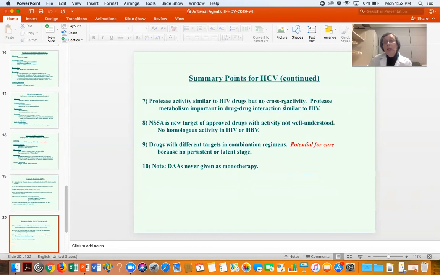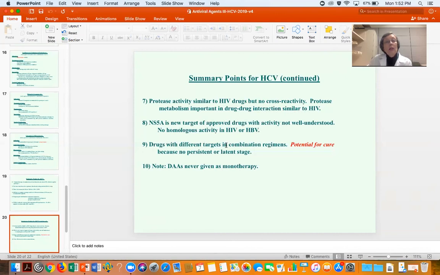So a protease inhibitor for HIV does not have any activity against the protease of HCV. And protease metabolism is important for drug-drug interactions, similar to what you'll see when you see the HIV antivirals. NS5A is a new target of approved drugs with an activity that we don't understand real well, but there's no homologous activity in HIV or HBV.